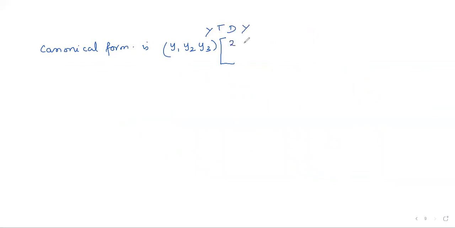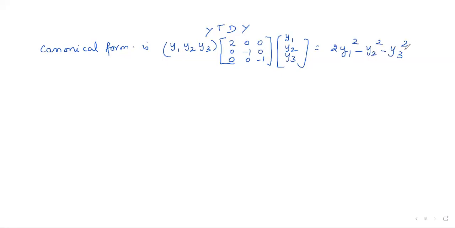So D is [2, 0, 0], [0, -1, 0], [0, 0, -1], which gives 2y1 square minus y2 square minus y3 square. So this is the way we convert it into canonical form with the help of the orthogonal transformation. The orthogonal transformation helps us reduce the quadratic form to canonical form.